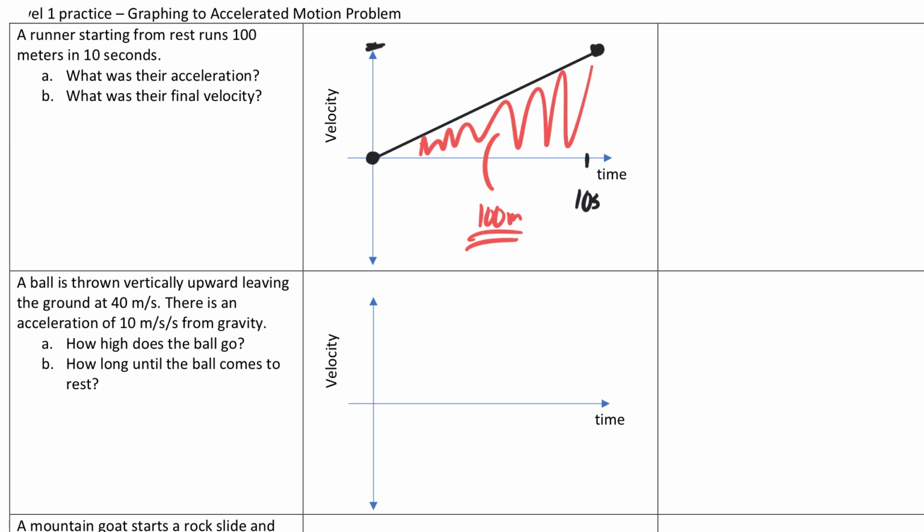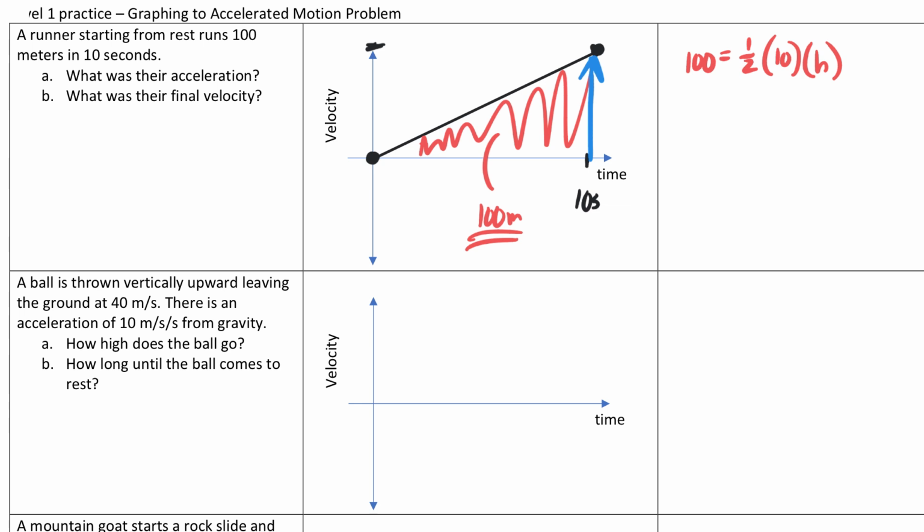Have you got it yet? Figured out how fast they're going? How fast are they going? 20 meters per second, yeah. If you're stressing out about this, how do you find the area of a triangle? 1/2 base times height. I know the area is 100, and it's 1/2 base times height. This height has got to be the final velocity. So, do you see where it came from?